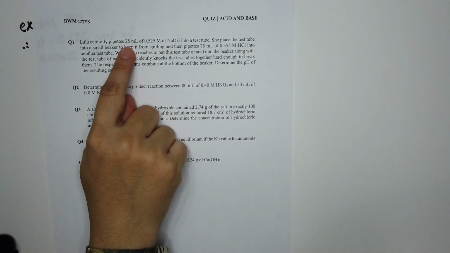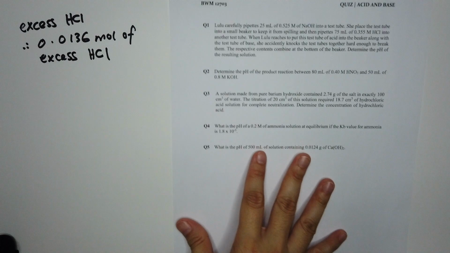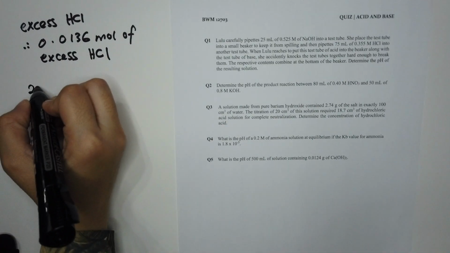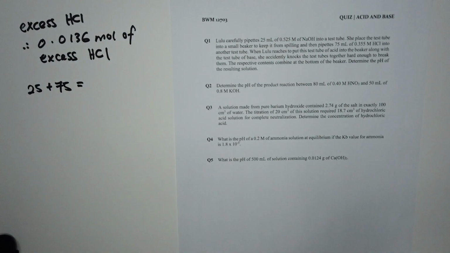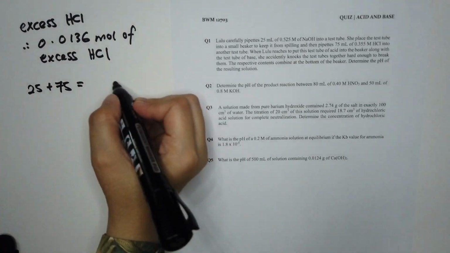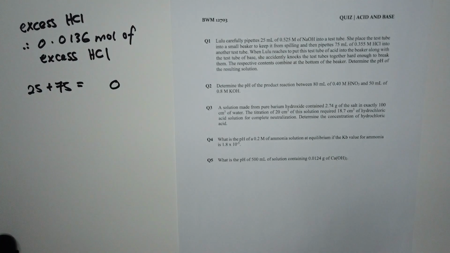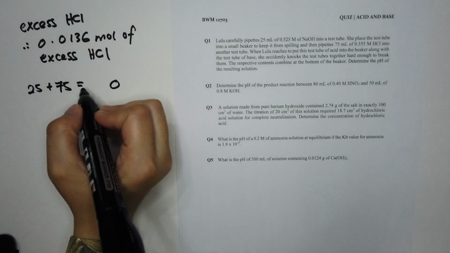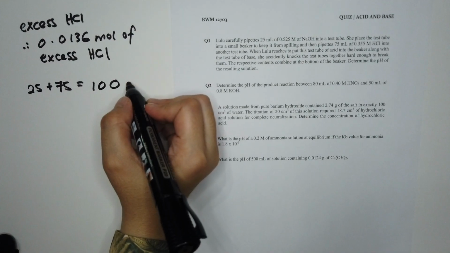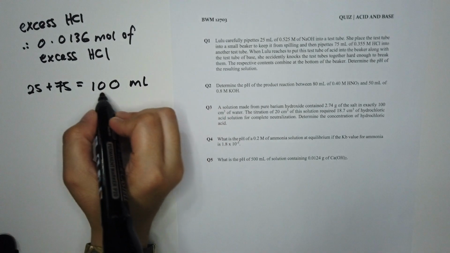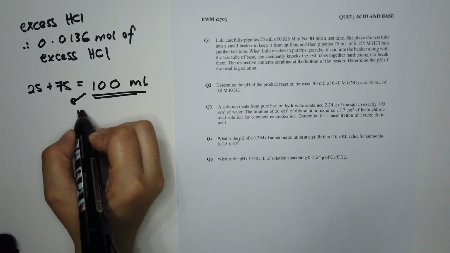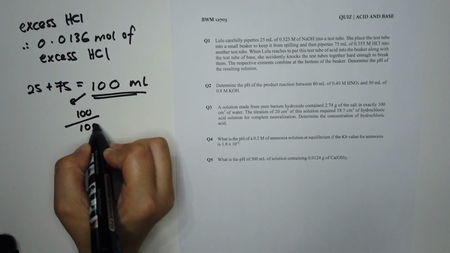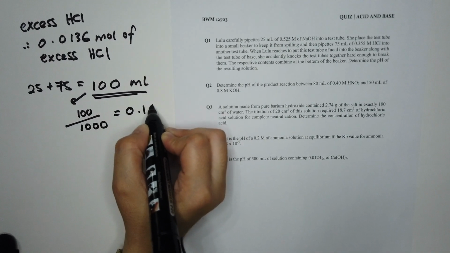You have 25 ml plus 75 ml, which is 100 ml. This 100 ml you need to convert to liter, so 100 divided by 1000 becomes 0.1 liter. This is the total volume.